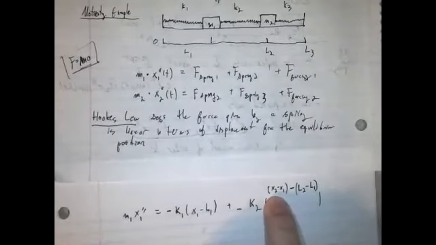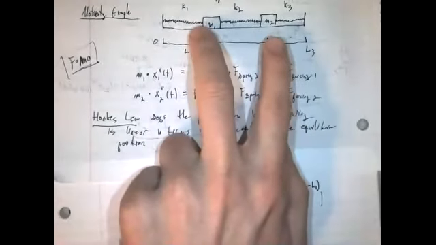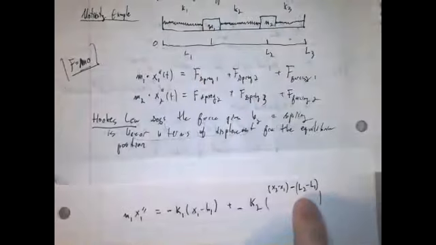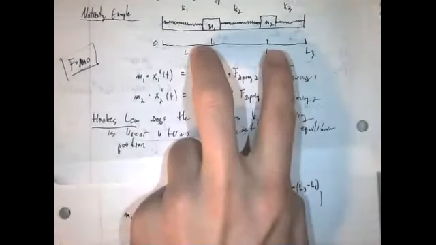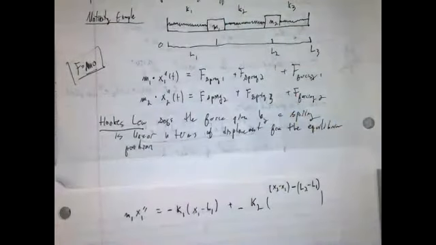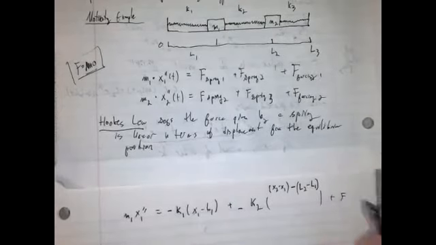So x2 minus x1 measures how far away the masses are, and L2 minus L1 is the equilibrium distance when this system isn't moving at all. That's when this spring is at its kind of neutral place. Plus whatever additional force term we have.